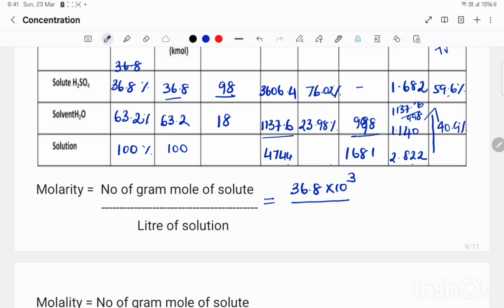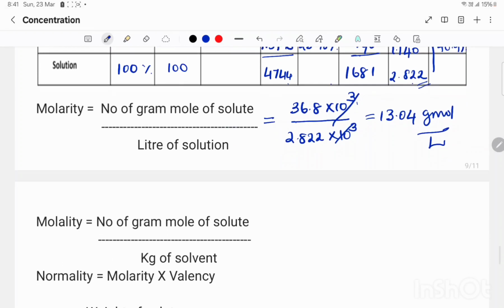The volume is 2.882 meter cube, and 1 meter cube is 1000 liter, so 2.822 into 10 raised to the power 3 gives liters. The 10 raised to the power 3 cancels, and you get 13.04 gram mole per liter, the molarity of the H2SO4 solution.